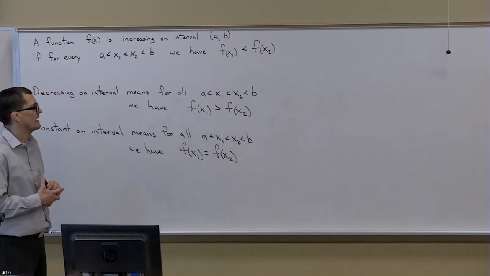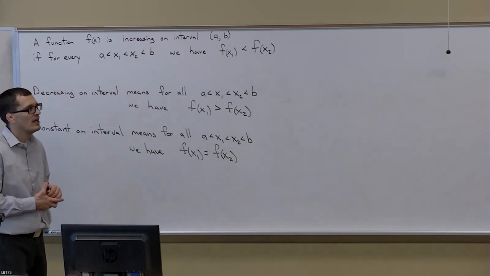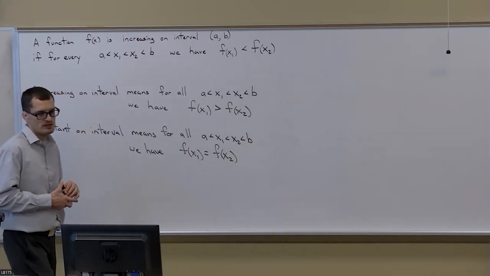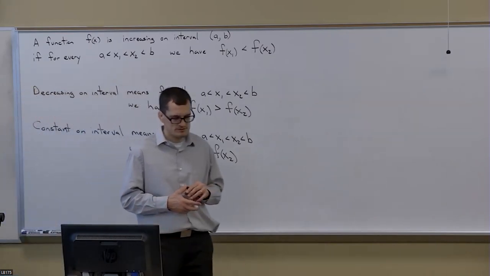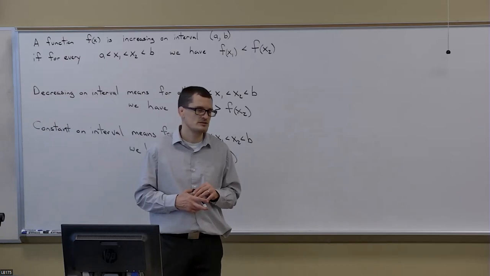Or between x values of 3 and 4, what's the graph doing? Is it increasing, decreasing, constant? You can look at the graph and understand it. Pretty straightforward.